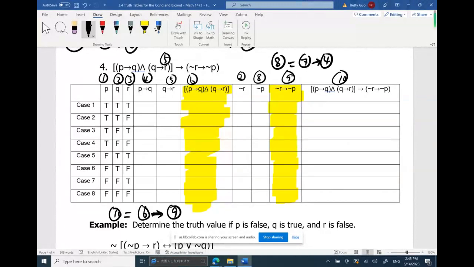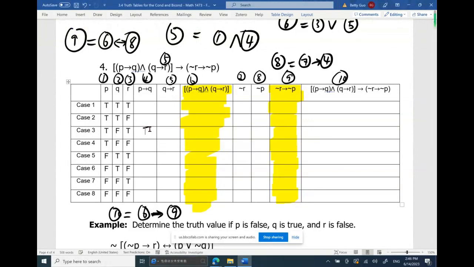Number 4 has antecedent P and consequent Q. So number 4 is a conditional. We are looking for trusted friends forever.